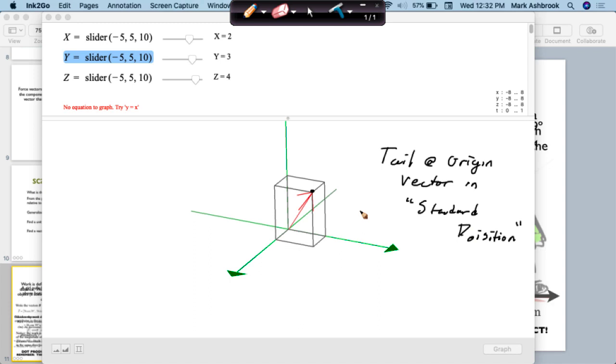So what are the coordinates of this point right now at the tip? 2, 3, 4. That's the only time that happens. Make sure you distinguish between locations in space, points, and vectors, which are like changes, or components. Those will be the same when the vector is in standard position, when the tail's at the origin.